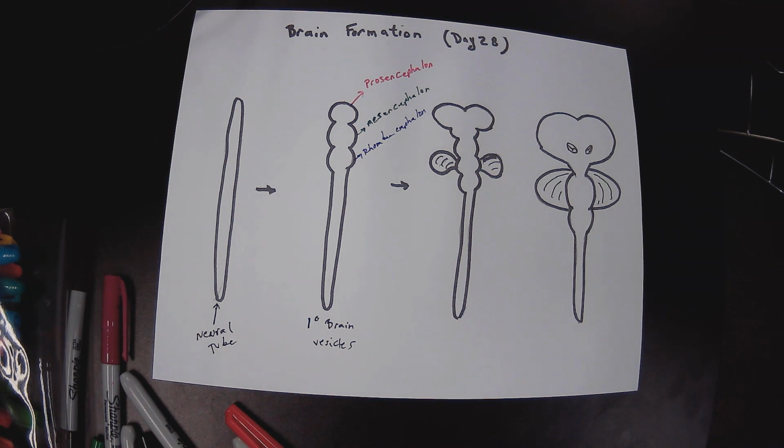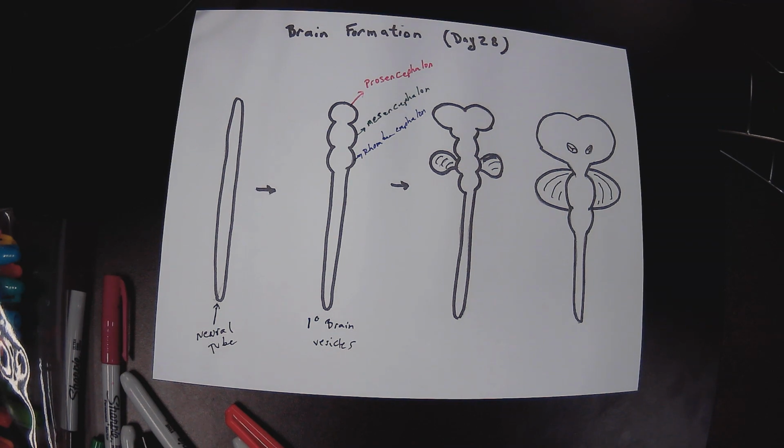Can you spell that one more time? Uh-huh. Rhombencephalon: R-H-O-M-B-E-N-C-E-P-H-A-L-O-N. So 3 different primary brain vesicles: prosencephalon on top, mesencephalon in the middle, rhombencephalon at the bottom.